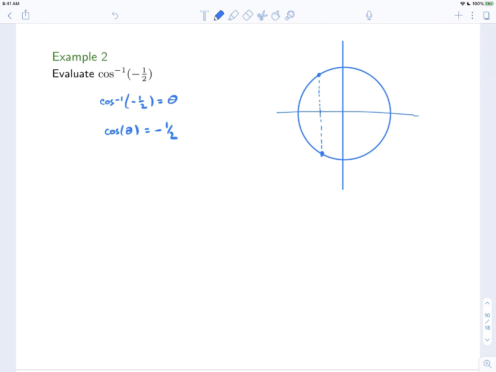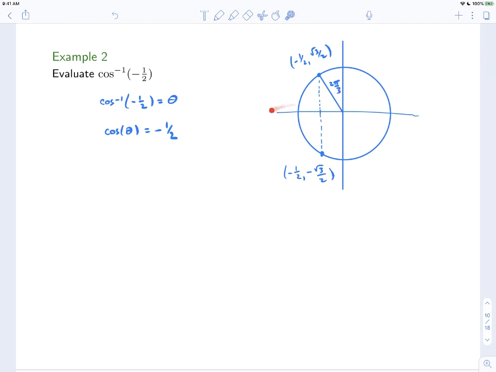So these coordinates are minus 1/2, square root of 3 over 2, and down here in the third quadrant we have both of them negative, minus 1/2, minus square root of 3 over 2. Now the angles that get us here: for the first one, this angle is 2 pi over 3.